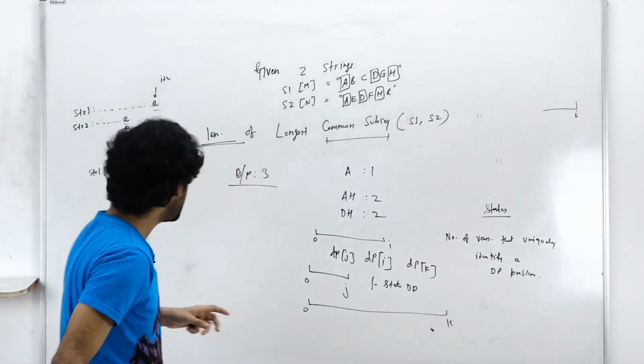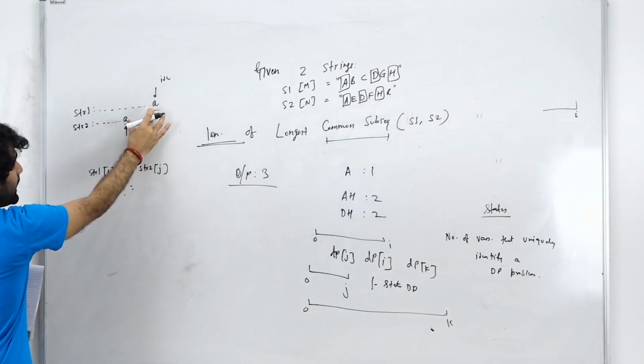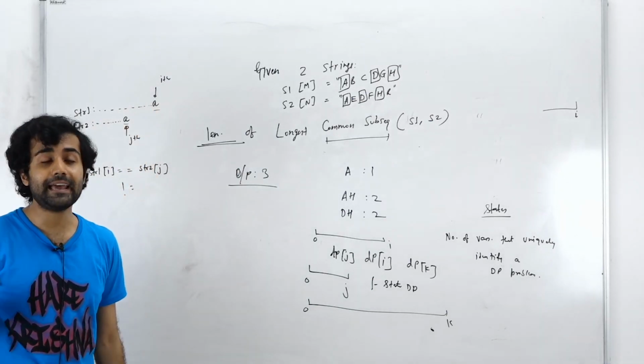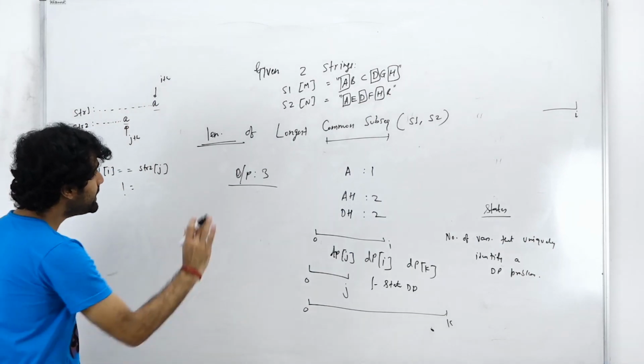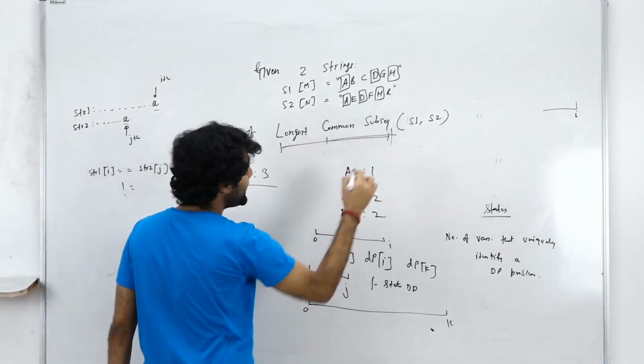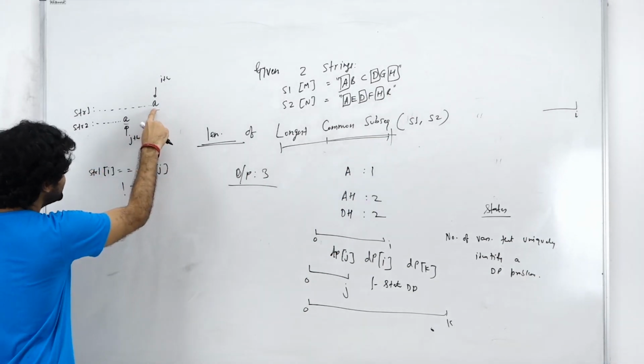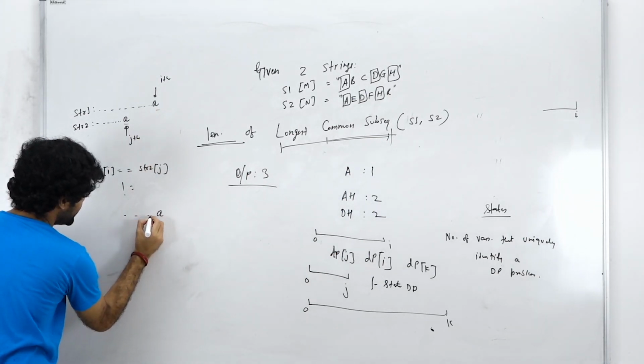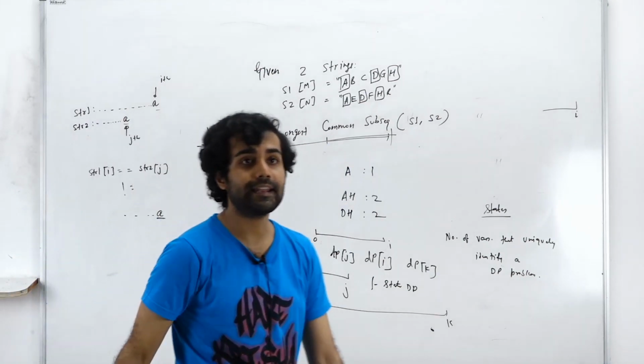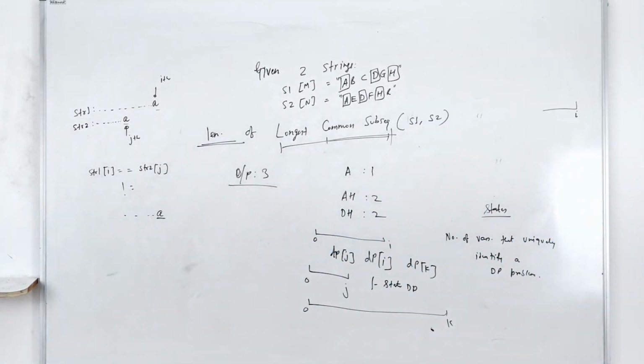If they are equal, can I say that whatever will be my answer, my longest common subsequence, will definitely have this A as its last character? Can I say that? Yes or no? Think. I can say that, right?